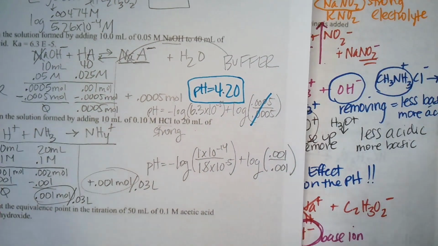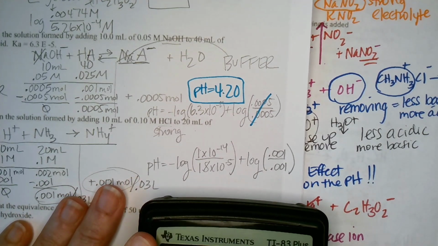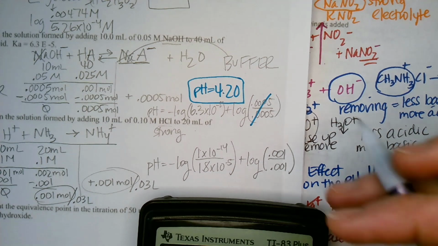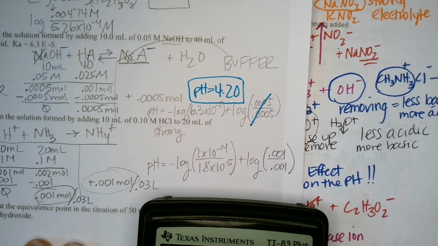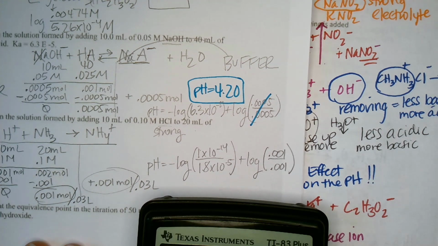So let's see what we get here. The negative log of 1 times 10 to the negative 14th divided by 1.8 times 10 to the negative 5th, 9.26 should be our pH. And just to show you that this zeroes out, let's add the log of 0.001 divided by 0.001.